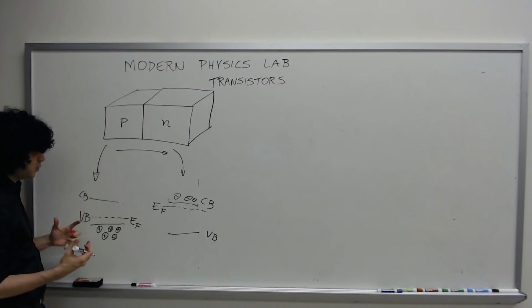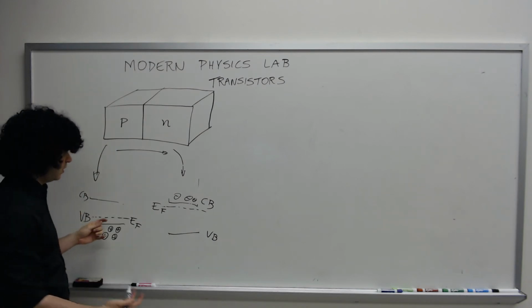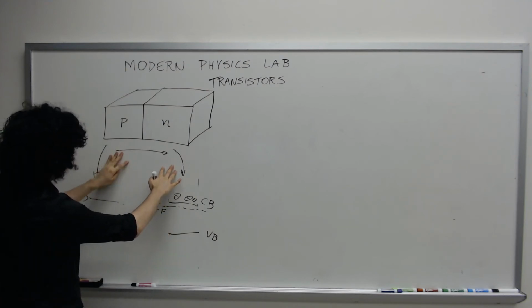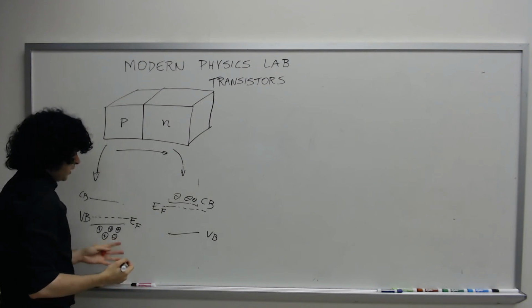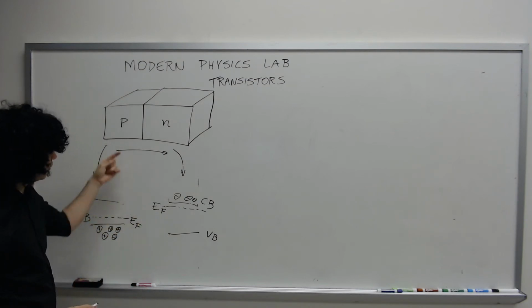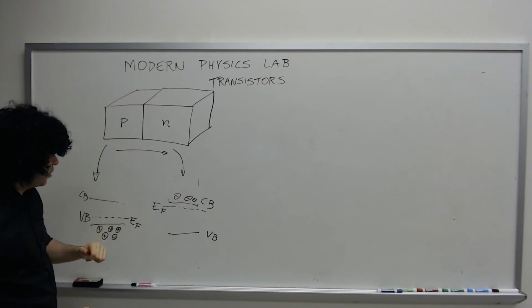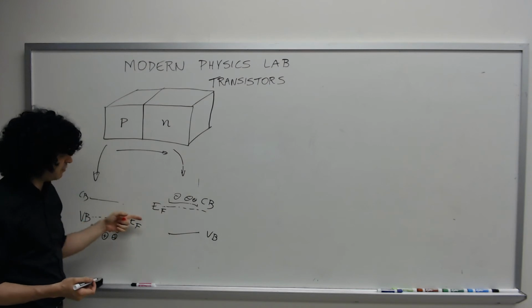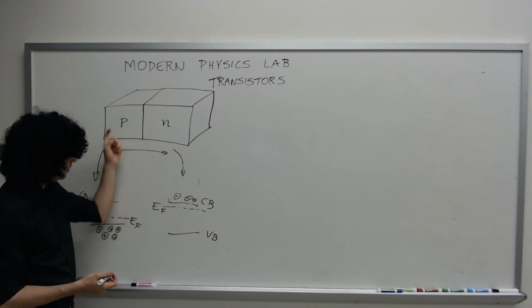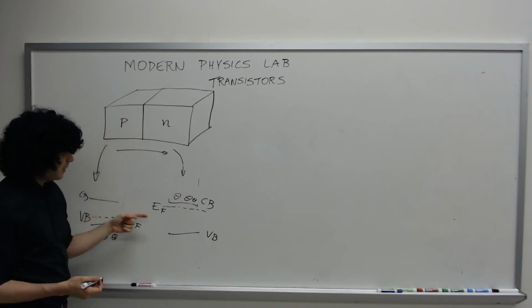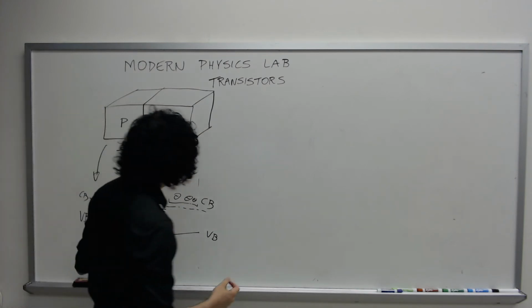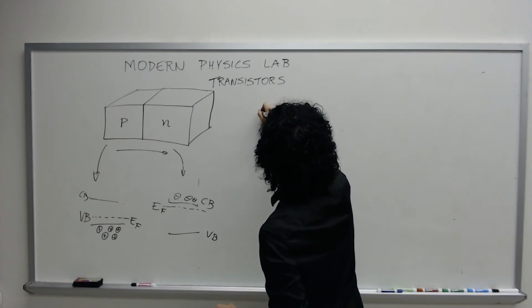So when you bring these two semiconductors together, the P and the N, what happens is that the Fermi level, when you travel across the structure, will be the same. So they'll share the same Fermi level. The distribution is the same here in the junction. So if the Fermi level is the same and you bring them together, you now can represent this like that.